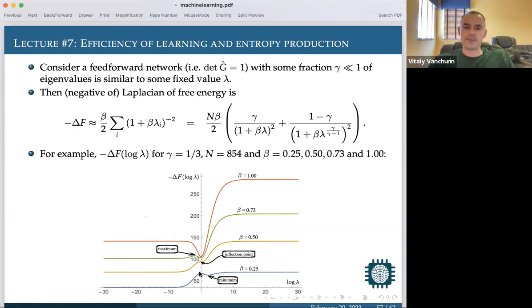Okay, so if some eigenvalues start here and they do want to make the Laplacian close to zero, then there should be a valley where they will roll, and so the eigenvalues will try to roll to the left and keep going to the left. And by doing this, the Laplacian of the free energy will be as close to zero as possible.